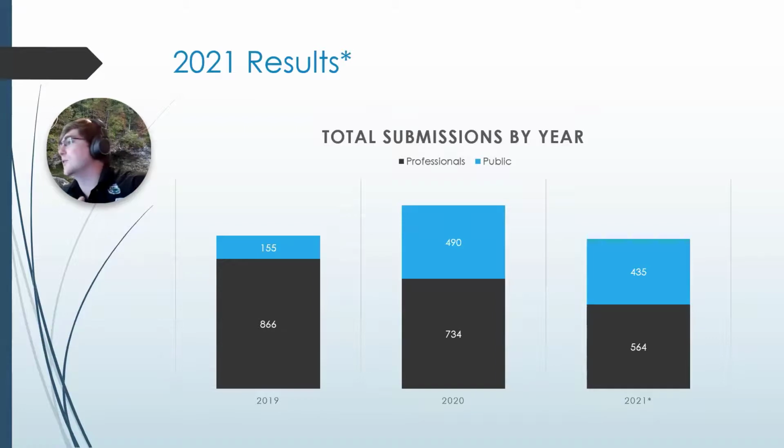We want to see what we can do to increase that, because had our professionals stayed the same as last year, we wouldn't be too far off from 2020. I don't know how COVID impacted it. At least for our agency, people seem to be a little more out in the field when it's going on, so they probably had a greater chance of observing some birds, but I can't 100% say that.